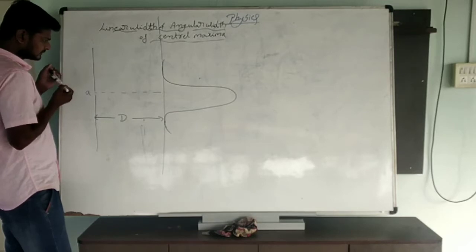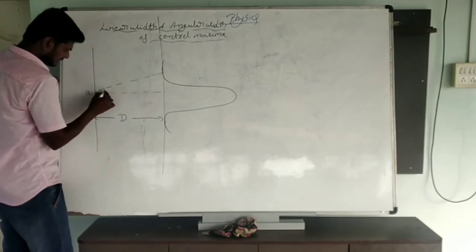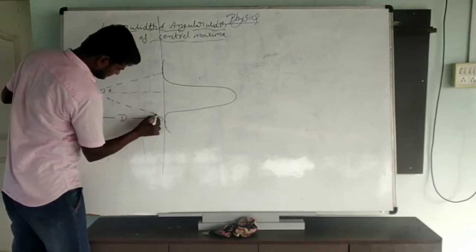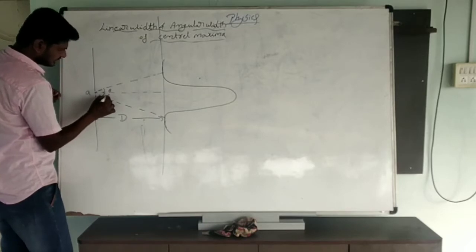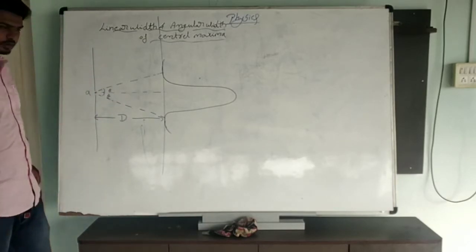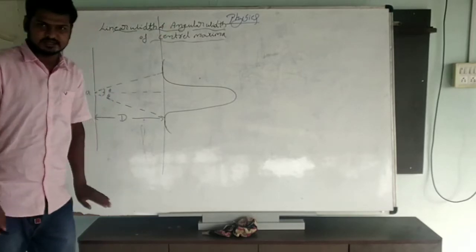From here to here is angle theta, and from here also angle theta. Now we are going to derive the expression for the linear width and angular width of the central maximum.